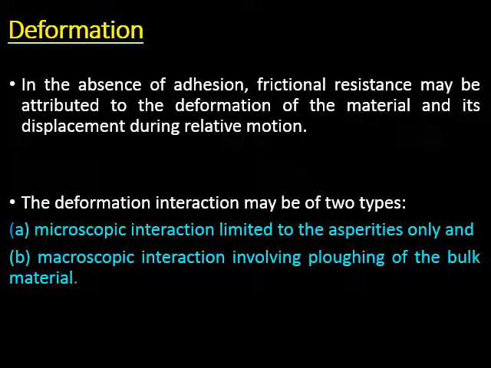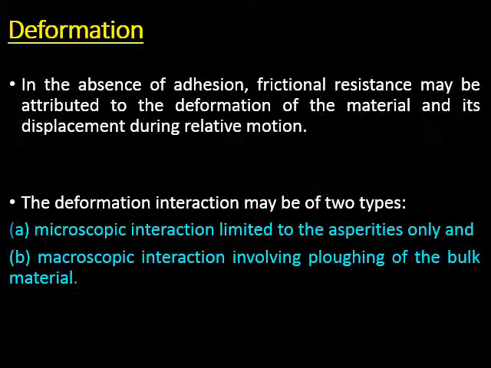and it actually depends upon many parameters like surface roughness, hardness of the materials, and also on the shape, size, and hardness of the wear particles which may be trapped between the two surfaces.